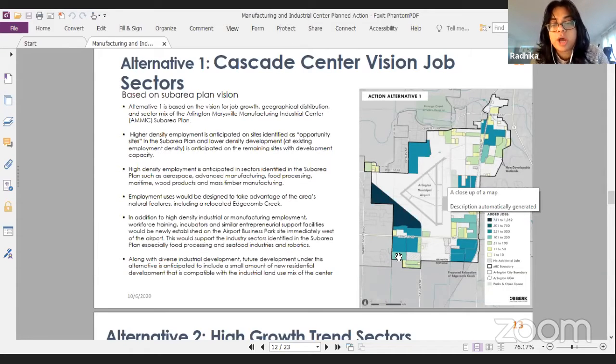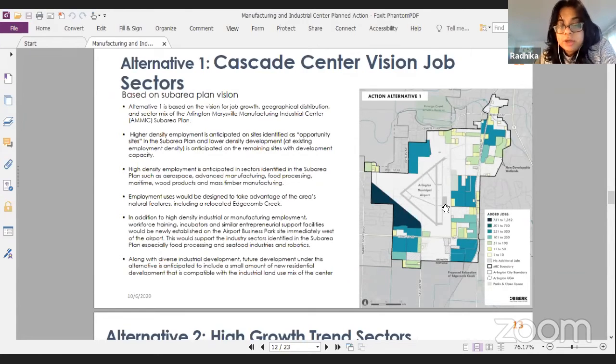So there would be more jobs on those parcels. It's envisioned that instead of following current patterns, the sectors that would be attracted to the CIC would be the ones that I earlier referenced, the desired sectors like aerospace, advanced manufacturing, food processing, and others. And employment would take advantage of the area's natural features, and we envision that Edgecombe Creek would be relocated.